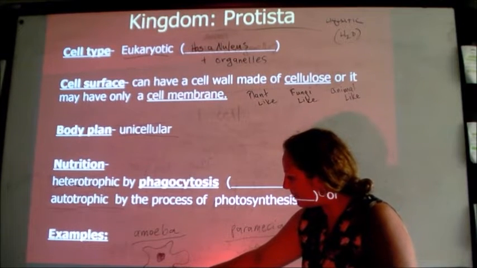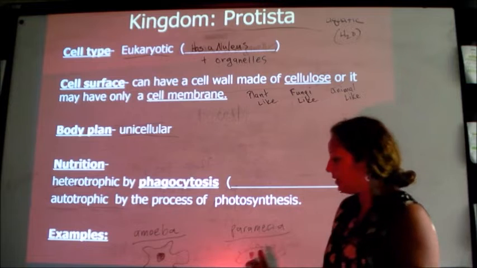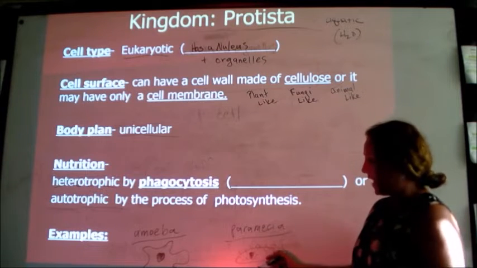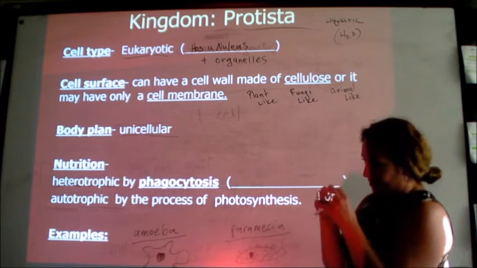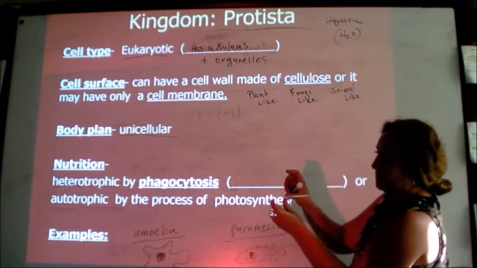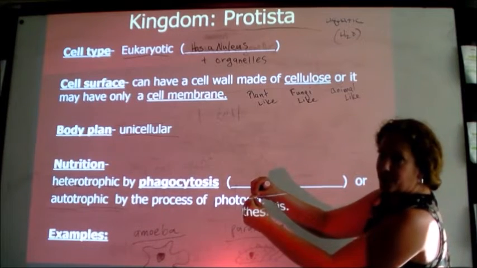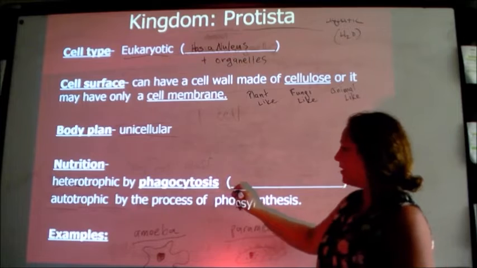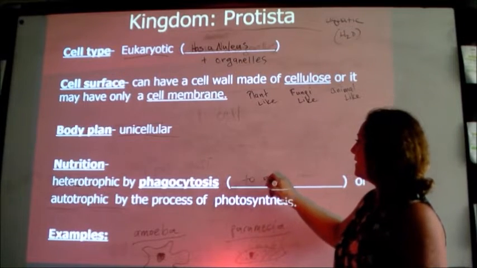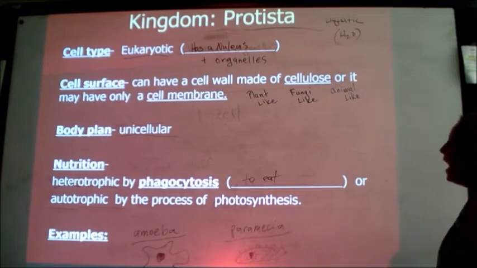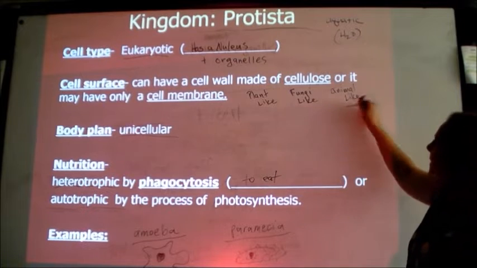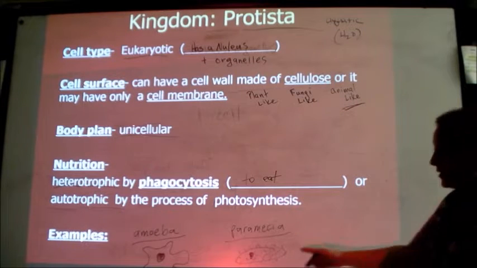So the paramecium is now in there. This cell literally took in this tiny paramecium by just opening the protein channels in the cell membrane, eating it, and then closing around it. So that's phagocytosis. It means to eat. These are going to be the animal-like ones.